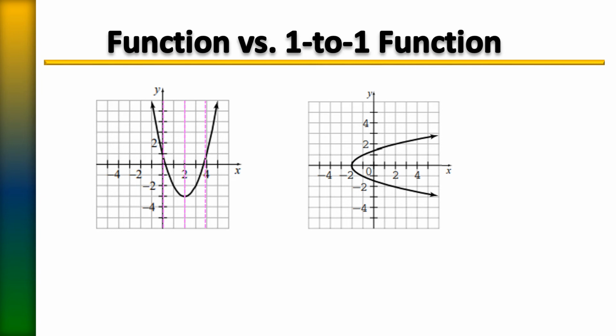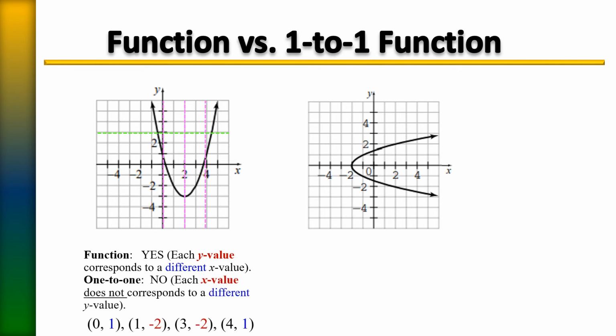To determine whether it is a one-to-one function, you would then draw a horizontal line through that graph. If we draw a horizontal line through this graph, we see that it will intersect this graph in more than one point, so therefore it would not be a one-to-one function.